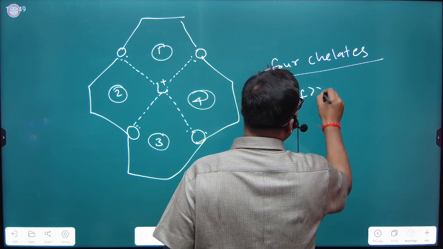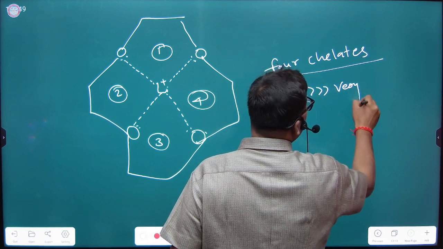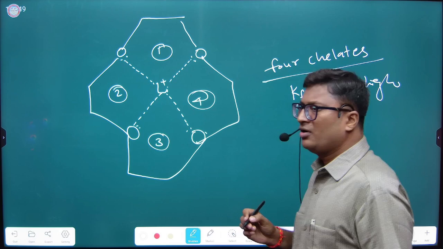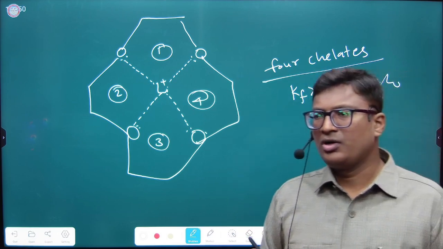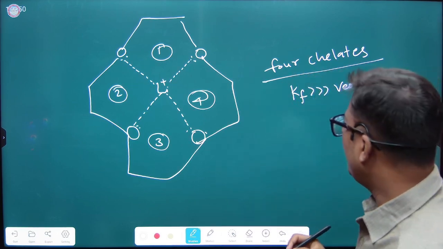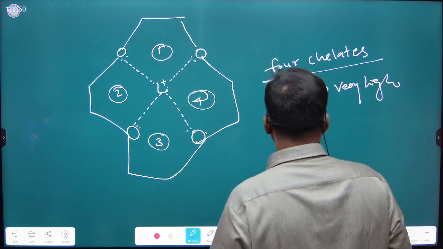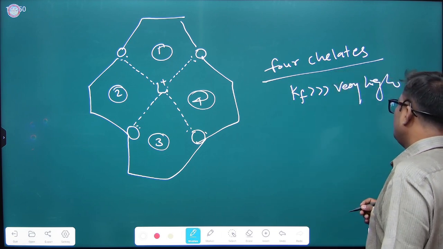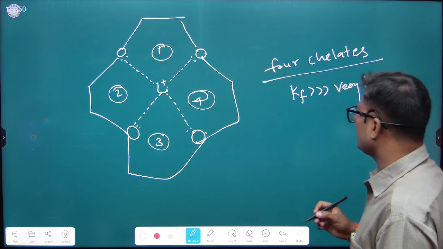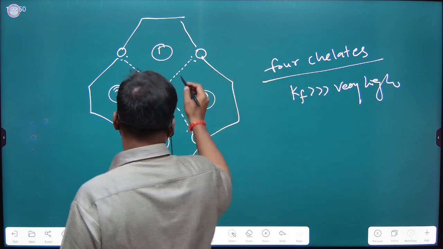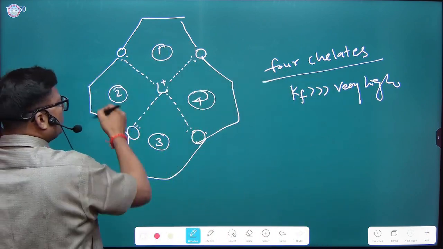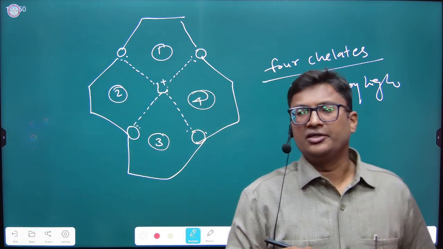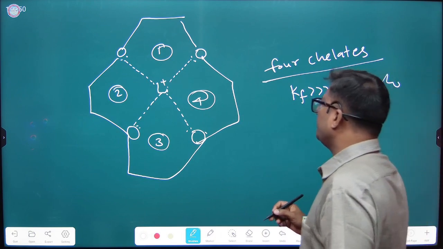In this case, of the order of 10 to the power 10, 10 to the power 14, 10 to the power 15, like that, right? So the high formation constant is due to the chelate structure. The four chelate structure gives much more stability to the complexes, right?